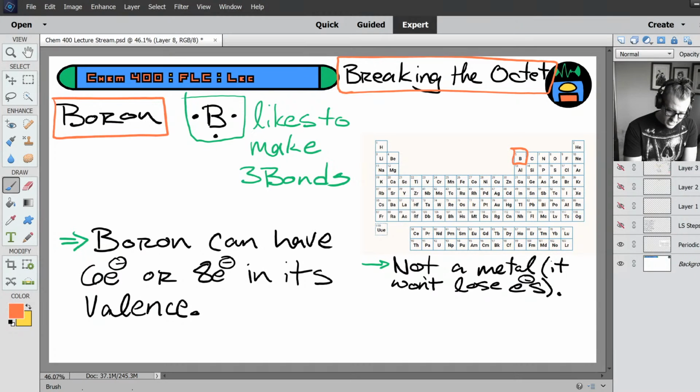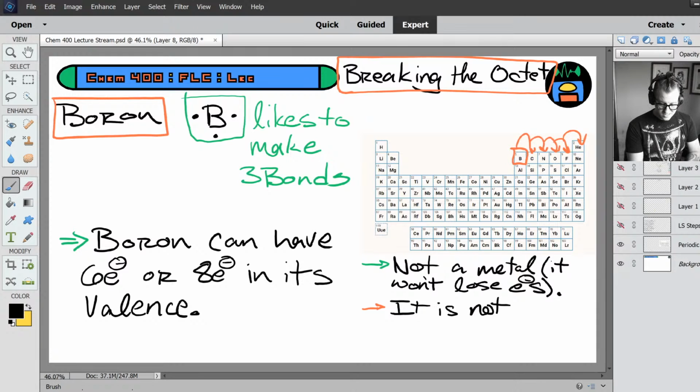But at the same time, it's 5 electrons away from neon. It's not that electronegative, so it's hard for boron to gain extra electrons.